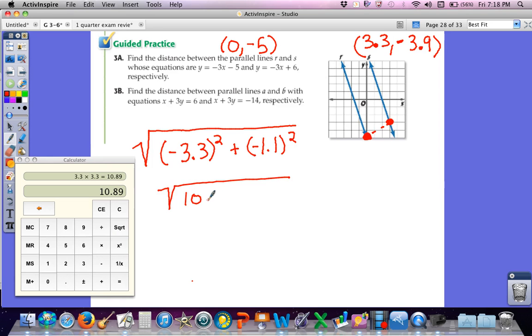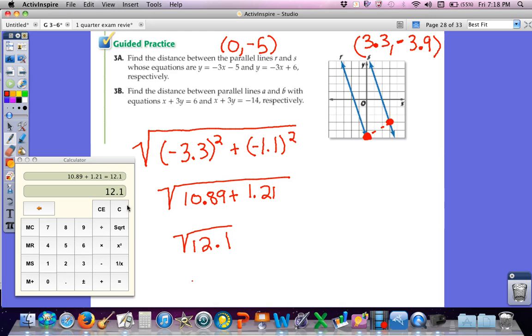Then it's 10.89, plus 1.1 times 1.1 is 1.21. So 10.89 plus 1.21 is 12.1.